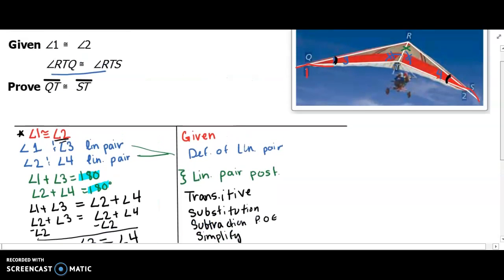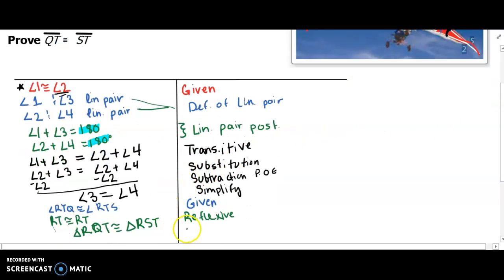The side is not between the angles, so it'd be angle side. And then from that, I can get QT is congruent to ST because corresponding parts of congruent triangles are congruent.